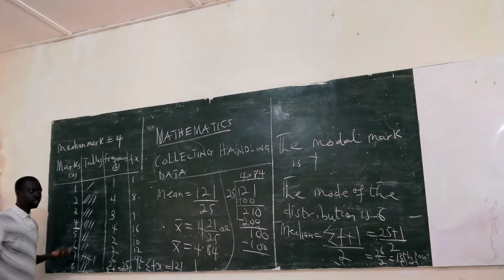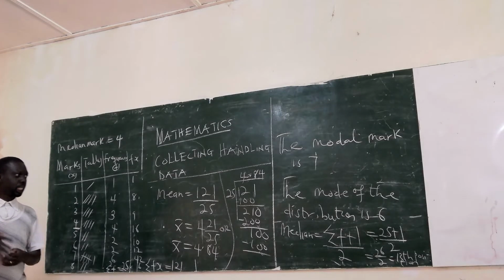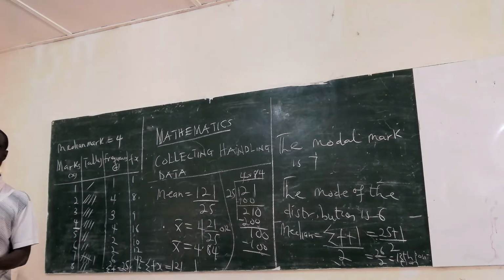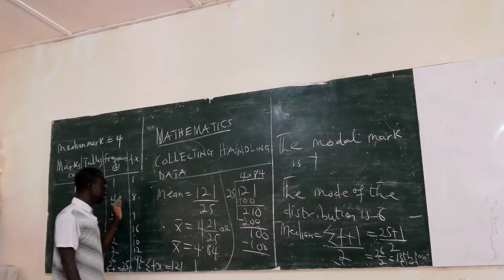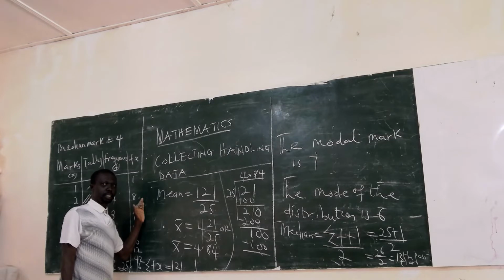So this is the way we use the raw data to construct our frequency distribution table and use the table to find the mean, the mode and the median mark. Let me go back again. They give us raw data to construct a frequency distribution table. The table is supposed to have mark, tally, frequency, fs.